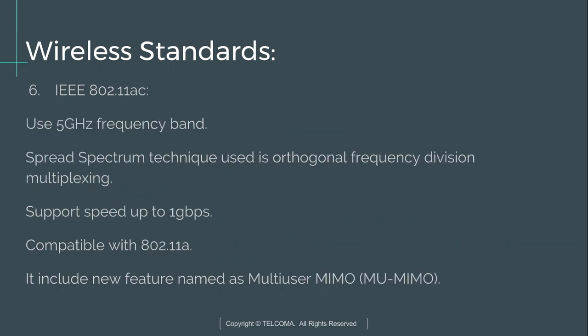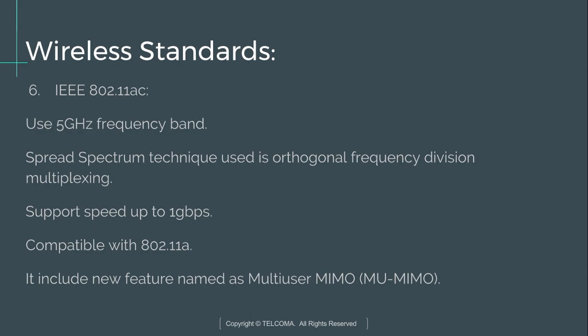The next version is IEEE 802.11ac. This technology uses the frequency band of 5.0 GHz, and it uses the multiplexing technique orthogonal frequency division multiplexing to send packets in the network.